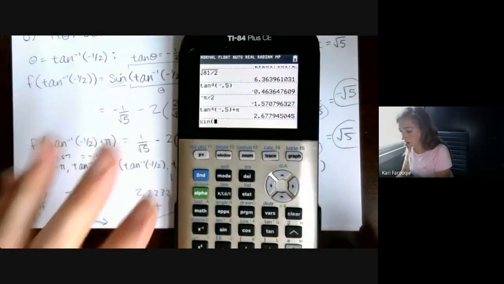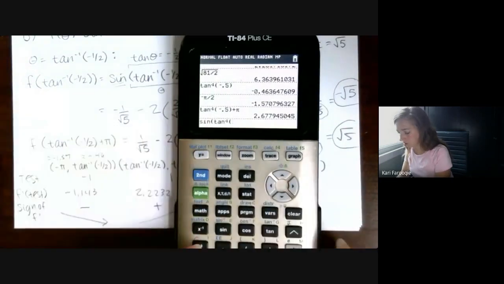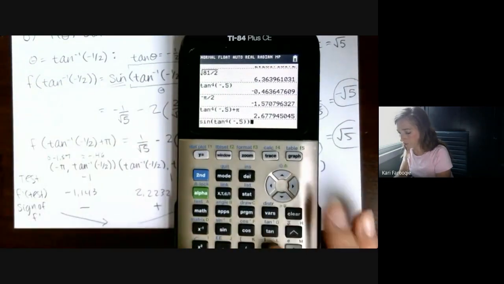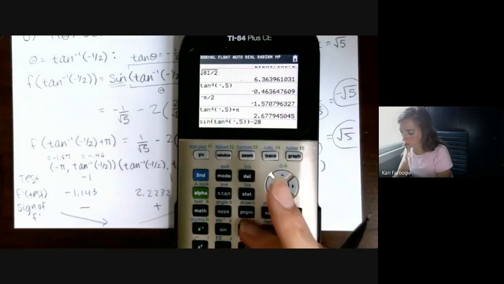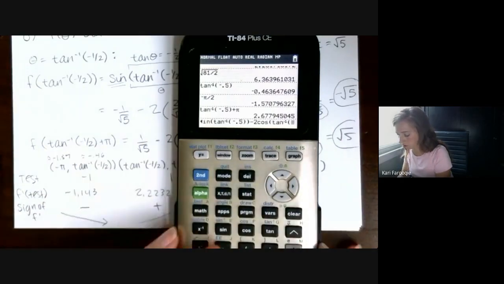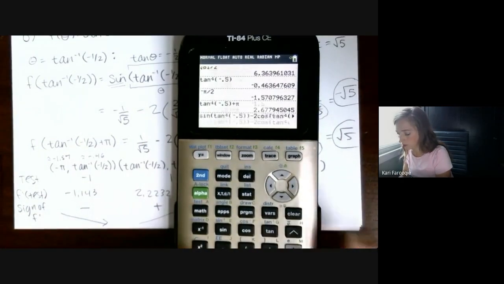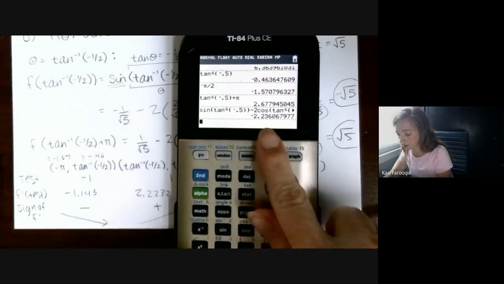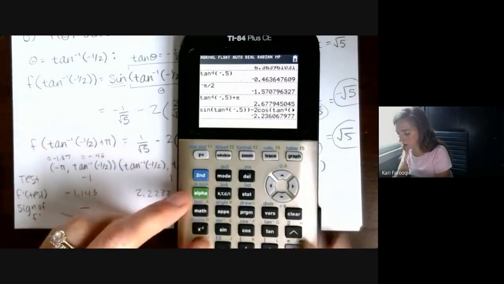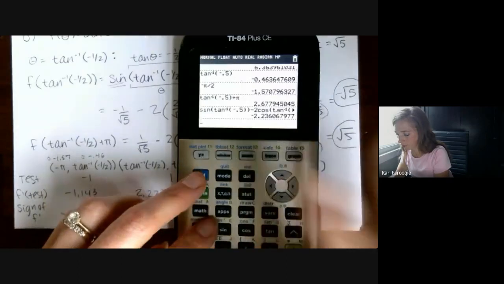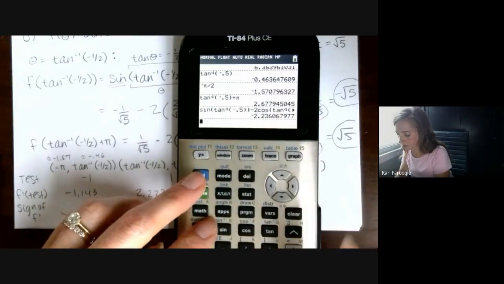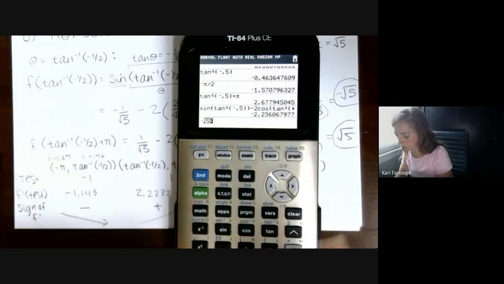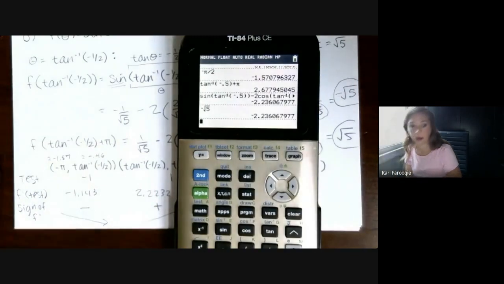I mean, you can check it in your calculator. Sine inverse tangent -1/2 minus 2 cosine inverse tangent -1/2. You'll come up with this value, which is actually, sorry, wrong button, the negative square root of 5.